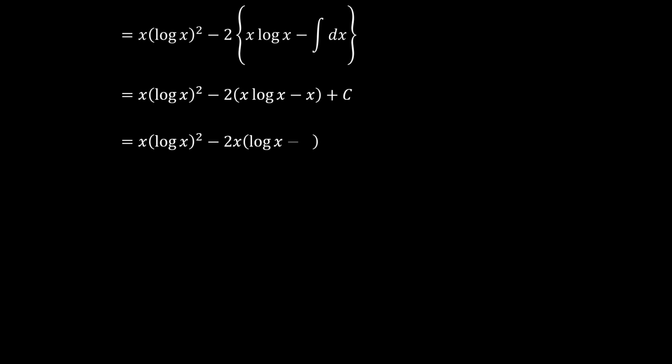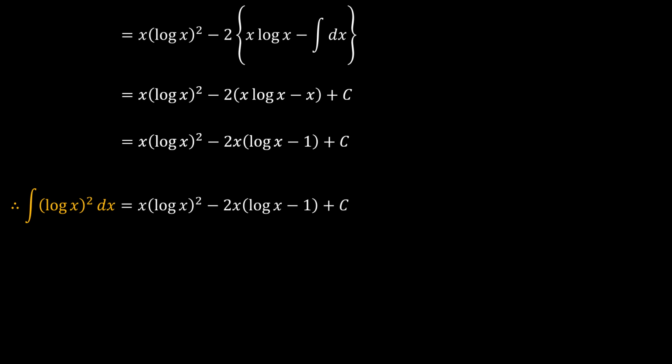So we have x times log x squared minus 2x open bracket log x minus 1, plus the integration constant. And so our answer for the integral of the square of log x is x times the square of log x minus 2x times open bracket log x minus 1, plus the integration constant. And that was the answer that was expected.